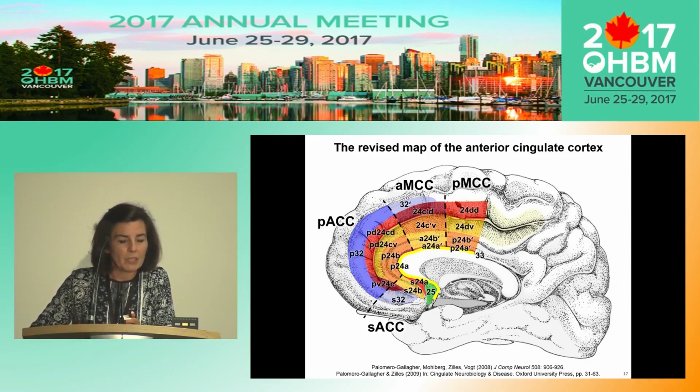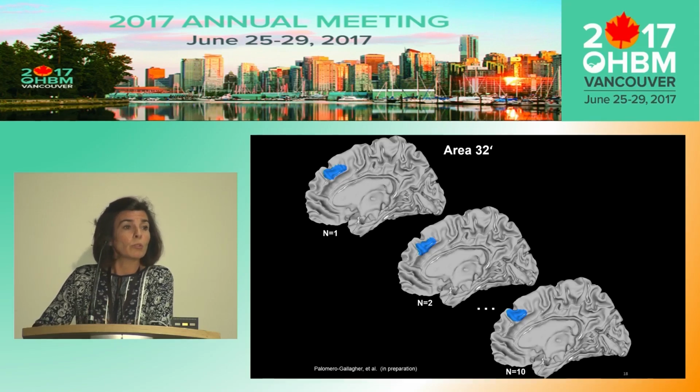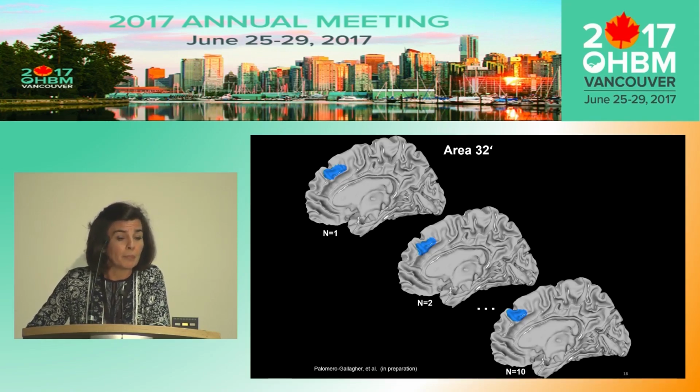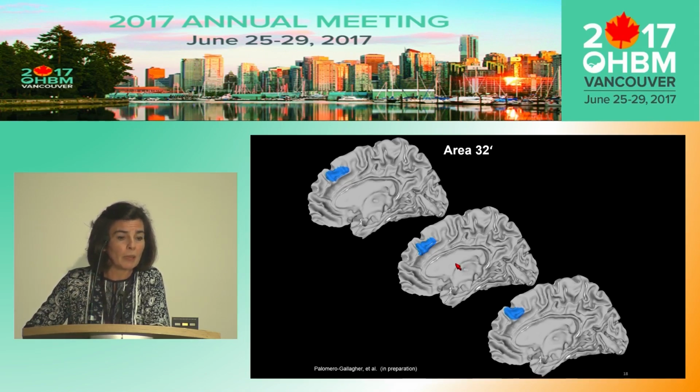Now, I said the brain isn't just in 2D, it's in 3D, so what we want to do is to bring it into 3D to be able to study variability in the size and the location of the brain relationship with macroanatomical landmarks.